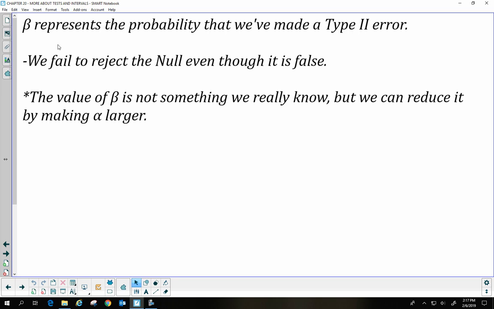What we do know is we can reduce the probability of making a type 2 error by making the alpha level larger. But if we make the alpha, the significance level, larger, then we increase the chance that we make a type 1 error.